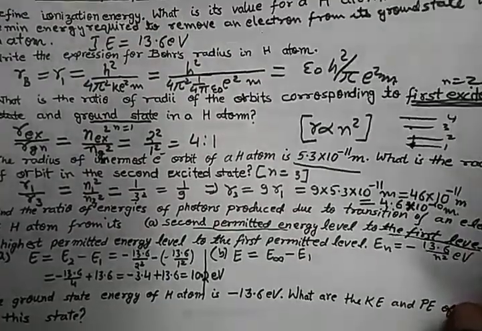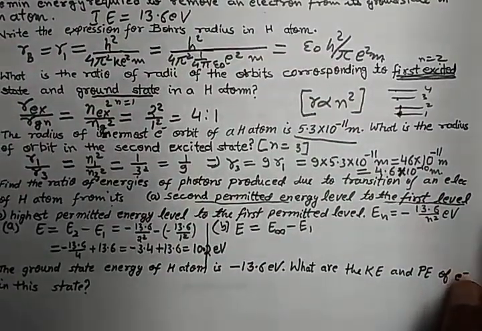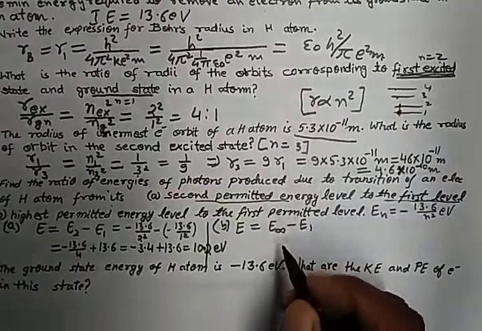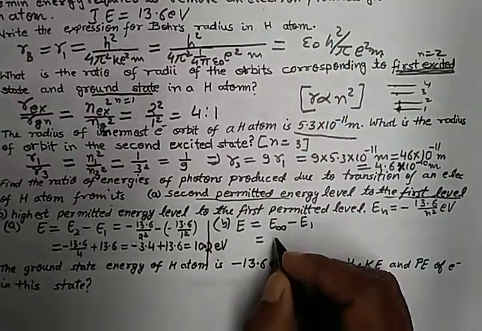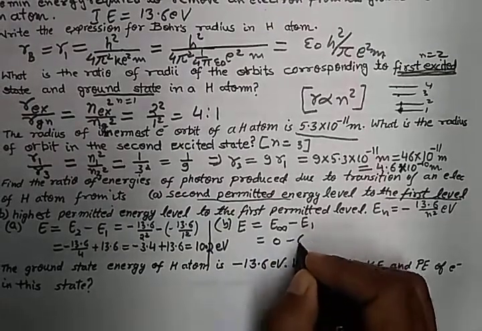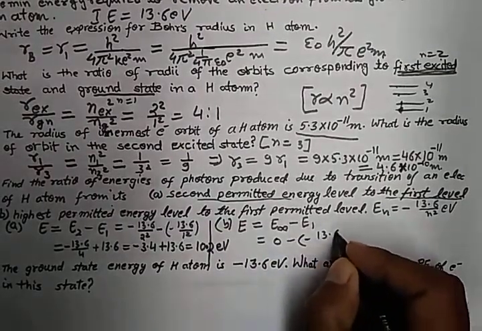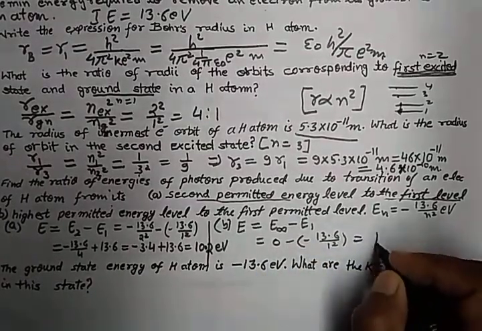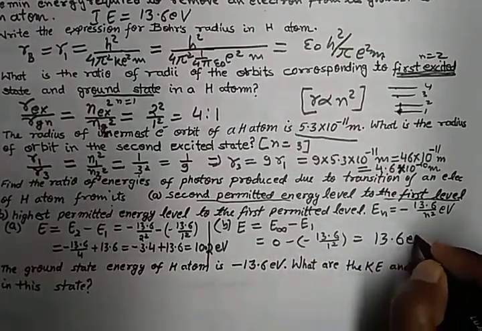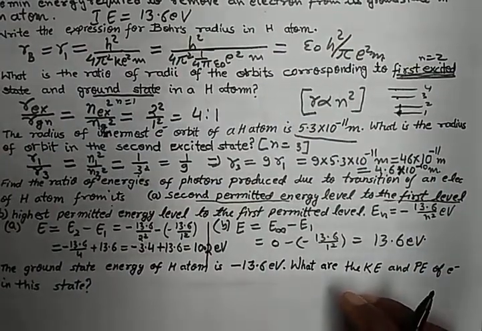Oh, or I will do that because I didn't give the solution there. So consider it for both of these questions. Here it is 0 and minus 13.6 upon 1 square. So it will become plus 13.6 electron volt. Next.